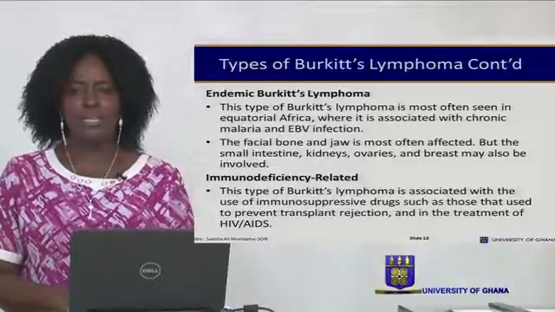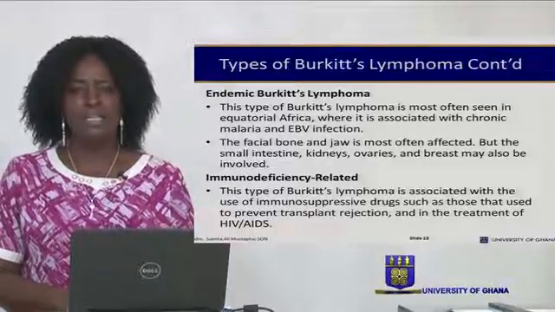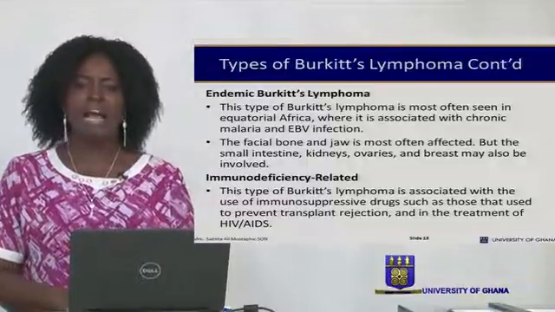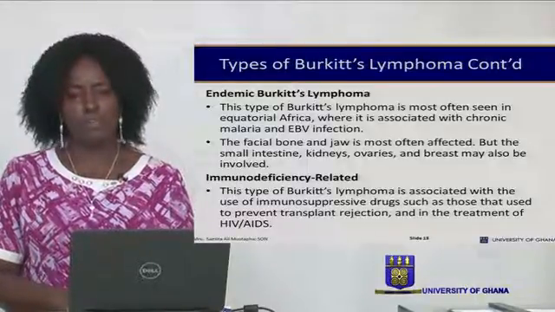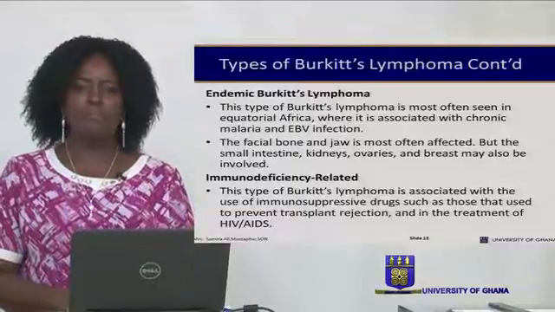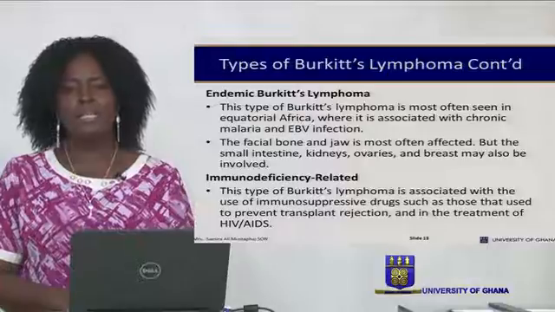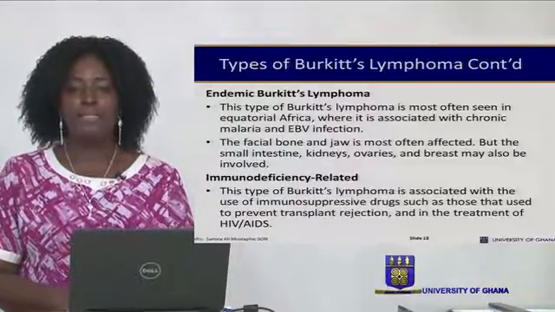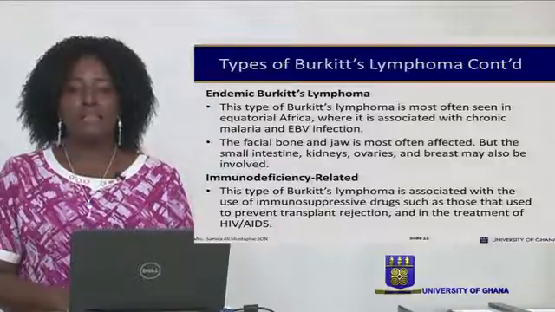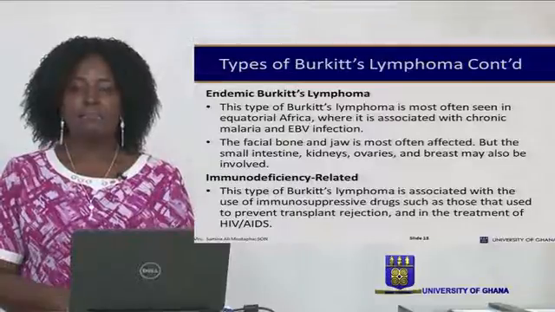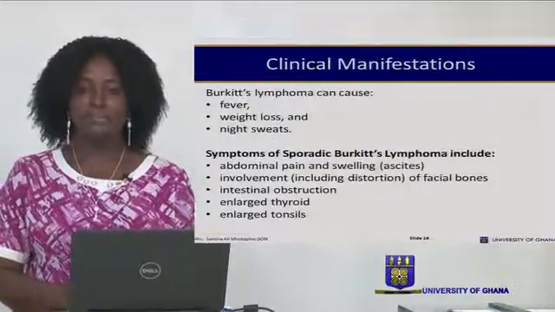You have the jaws, as you saw in the picture, affected, and the small intestines, the kidney, the ovaries, the breast, and other parts of the body may be involved. And in the immunosuppressed, or immunodeficiency-related Burkitt's lymphoma, it is associated with HIV infection.